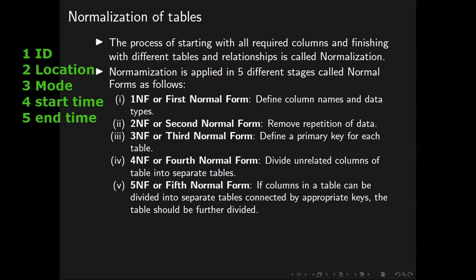Then if you have some unrelated columns, there may be some columns which are repeated. Suppose a hospital has patient name, address, and other things, and date of visit, time of visit, and other things. You need not repeat all the details about the patient name, mobile number, address every time a patient visits.